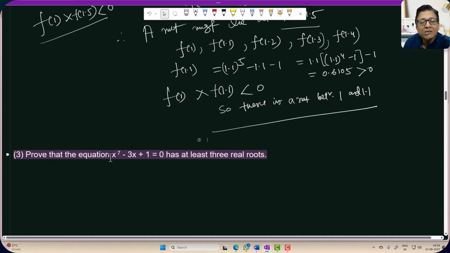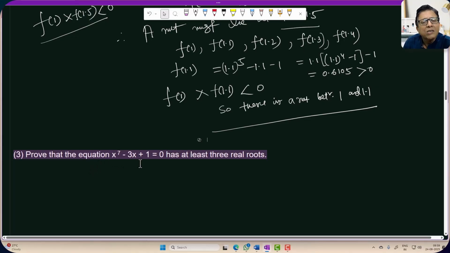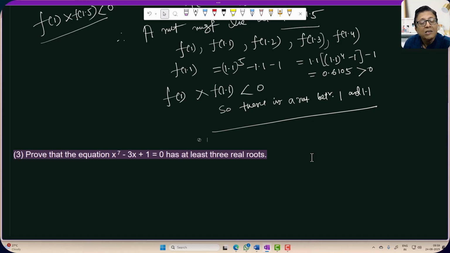Go for this one. Prove that the equation has at least 3 real roots. This equation is a 7th degree polynomial. A 7th degree polynomial will be intersecting at how many points? 7 points, if you go by graphing, then you can state that.